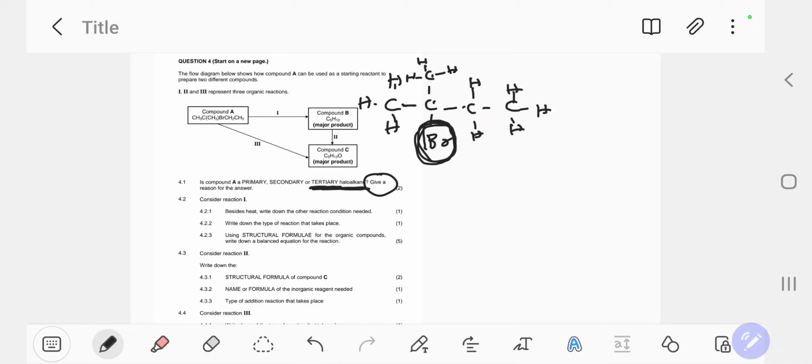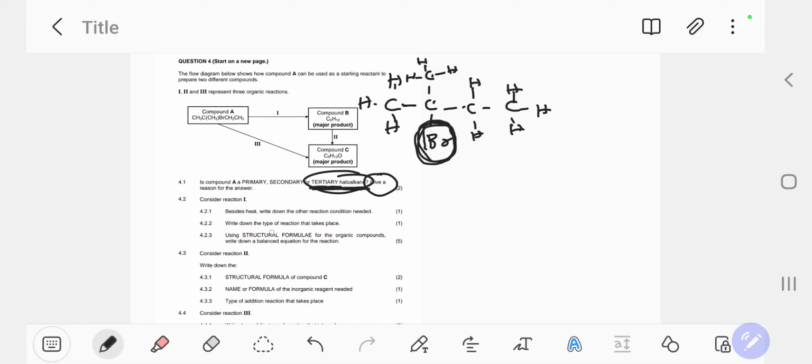So guys, stop saying the carbons are surrounded; they are bonded to the carbon there. I should say Br is bonded to a carbon that is bonded to 3 other carbons. That is the language that you're going to use. So it's going to be a tertiary haloalkane.